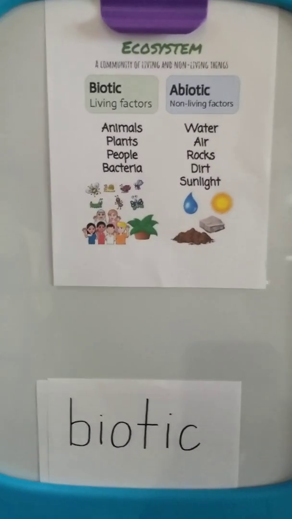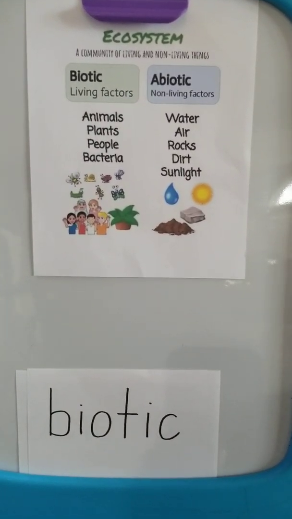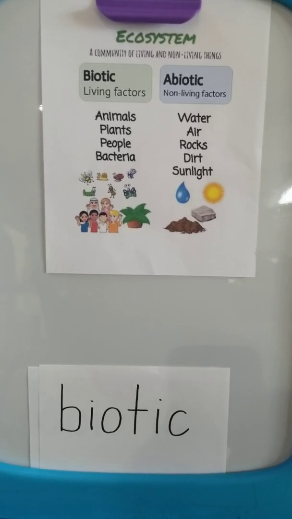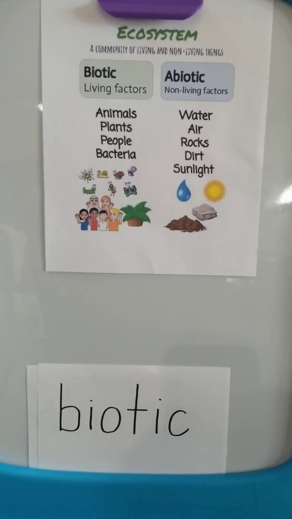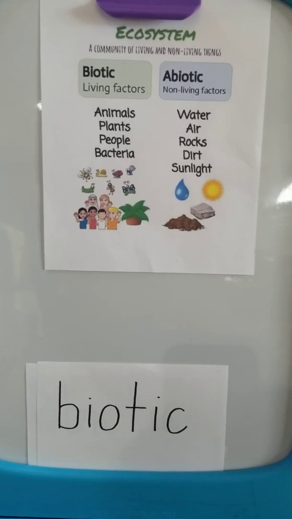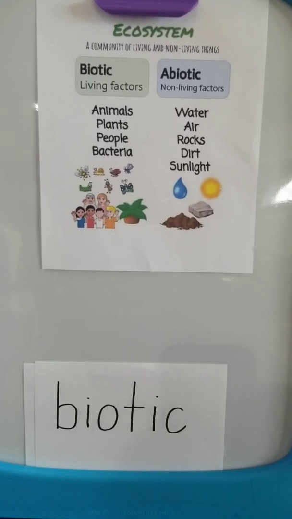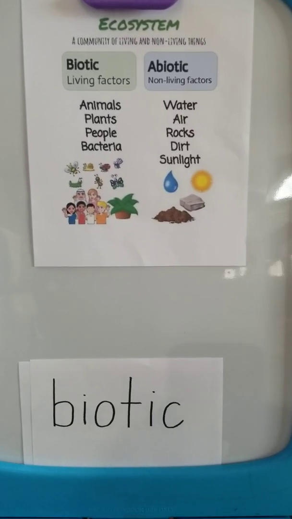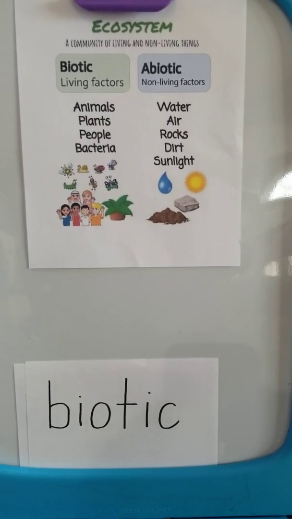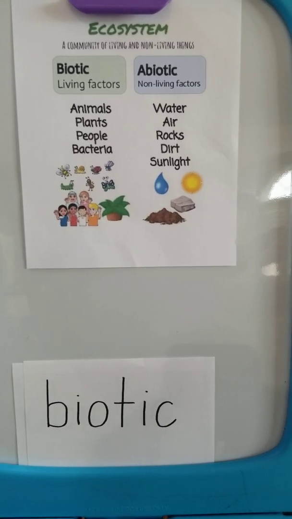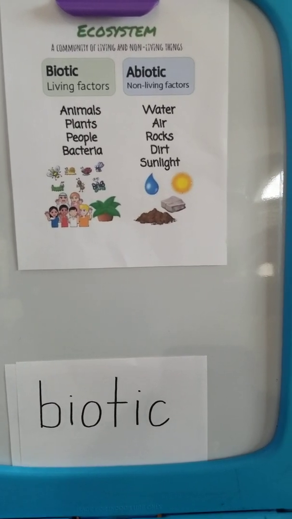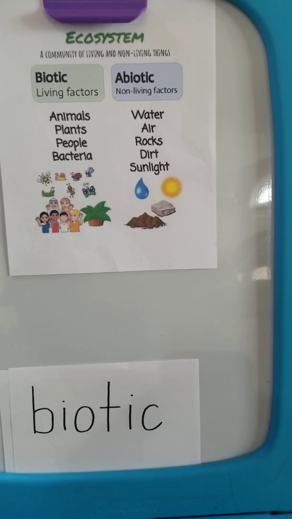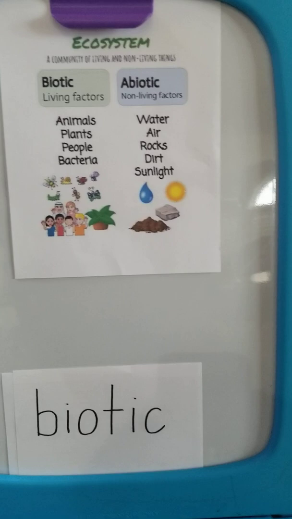On the screen here, you can see an ecosystem is a community of living and non-living things. On the left, looking toward living factors: animals, plants, people, bacteria. Biotic factors or biotic components can be described as any living component that affects another organism or shapes the ecosystem.